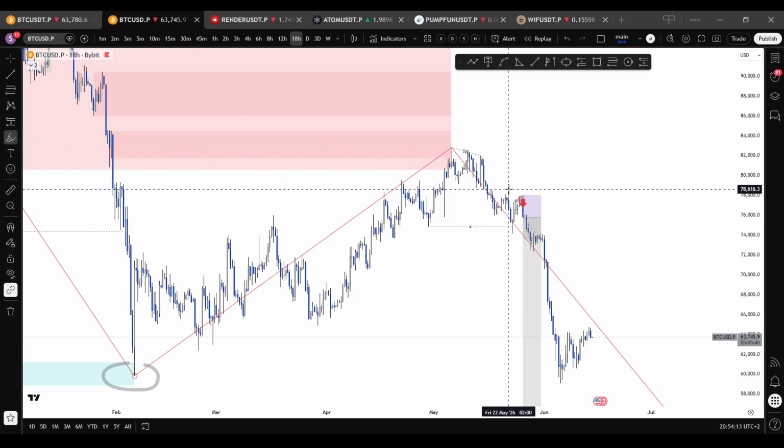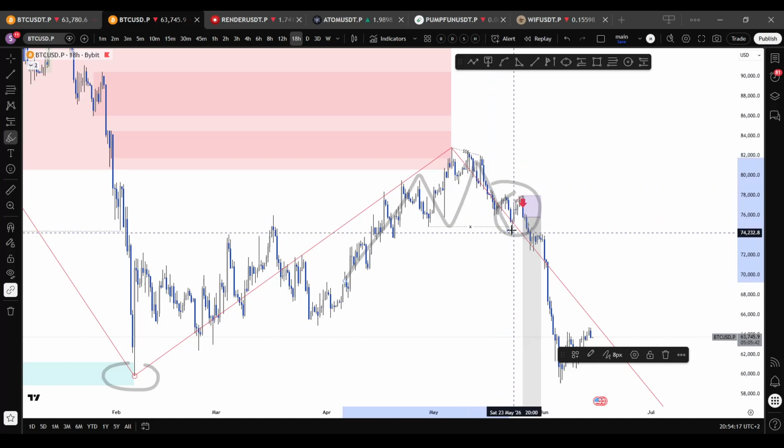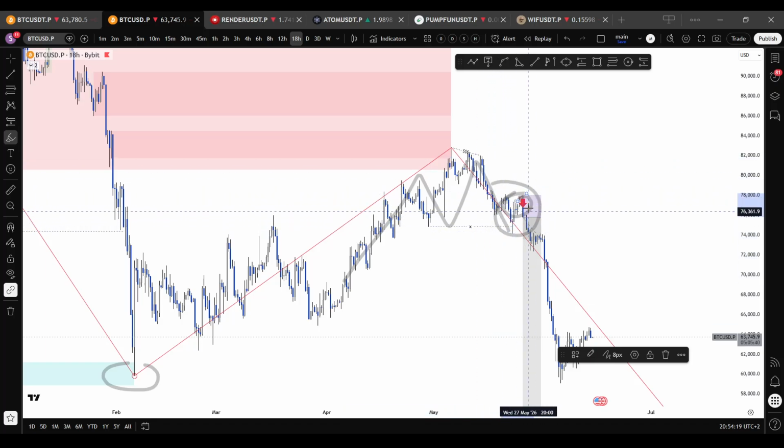The time where you could really size up was around here when we SFP'd, but then we confirmed our bearish rotation on this low time frame. This was the time where you could have sized up.